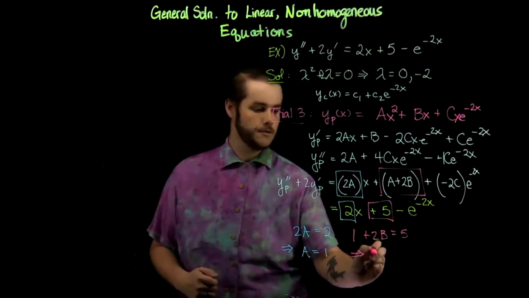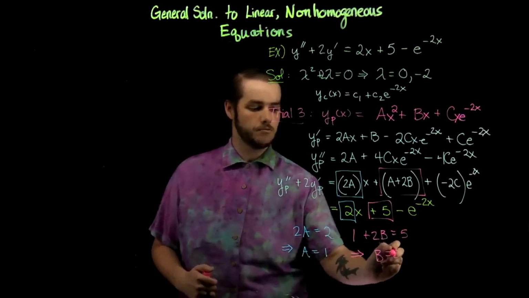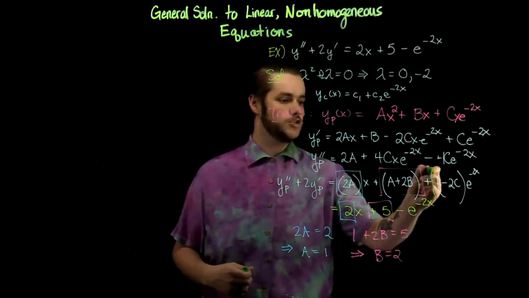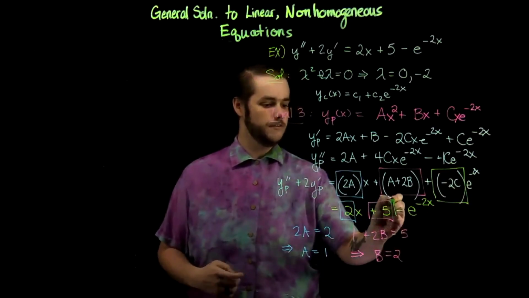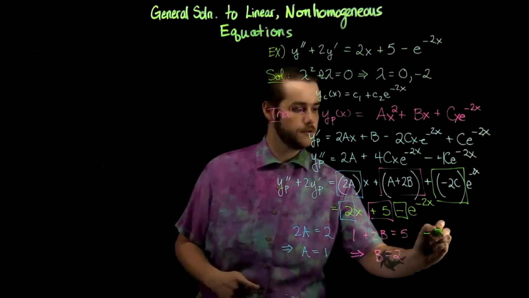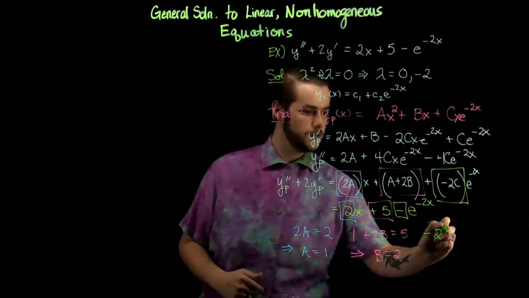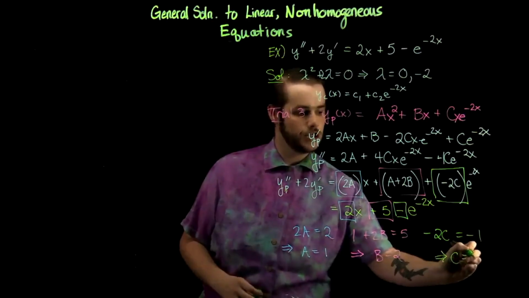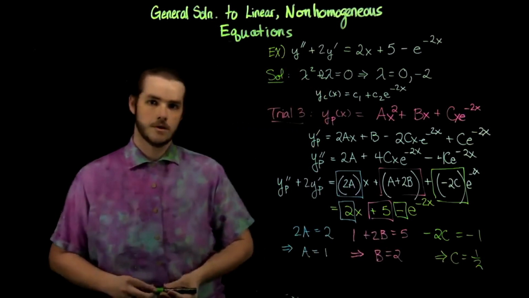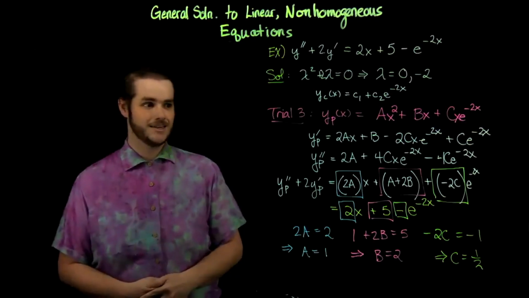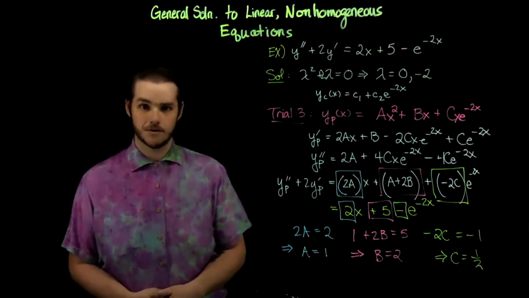That tells me that b equals 2. And finally, if I check in green the exponential terms that survive, I get negative 2c should equal negative 1, or in other words, c should be 1/2. So this determines each of my undetermined coefficients, and that informs my particular solution.